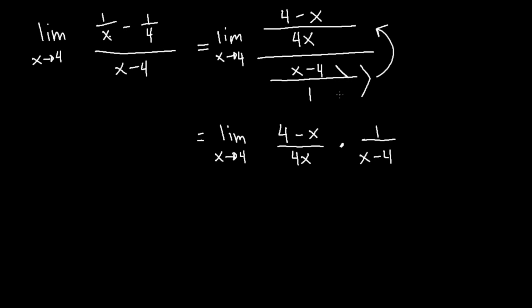I-multiply ang reciprocal sa denominator sa taas. So, this is equals to the limit of 4 minus x over 4x times x minus 4 as x approaches to 4. So, as you can see, dili pa ka pwede maka-direct substitution since 4 minus 4 is 0 and 4x times 0 is 0. So, 0 pa gihapon ang denominator.